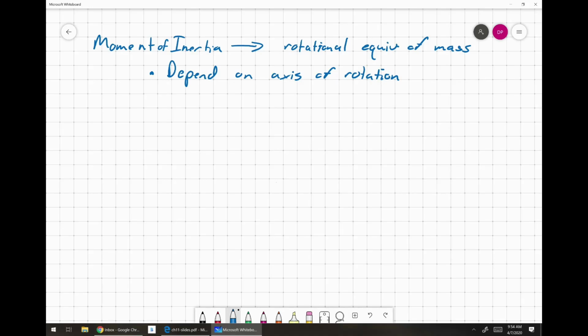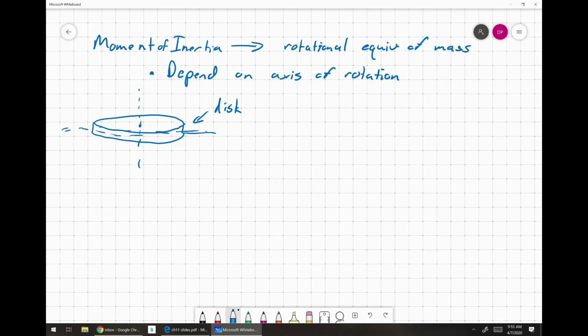So let's say we have some kind of thin disk here, so something shaped somewhat like this. This disk will have a different moment of inertia if we're looking at some axis of rotation through the center of the disk, compared to if we are looking at some axis of rotation in this direction here, in that kind of horizontal plane.